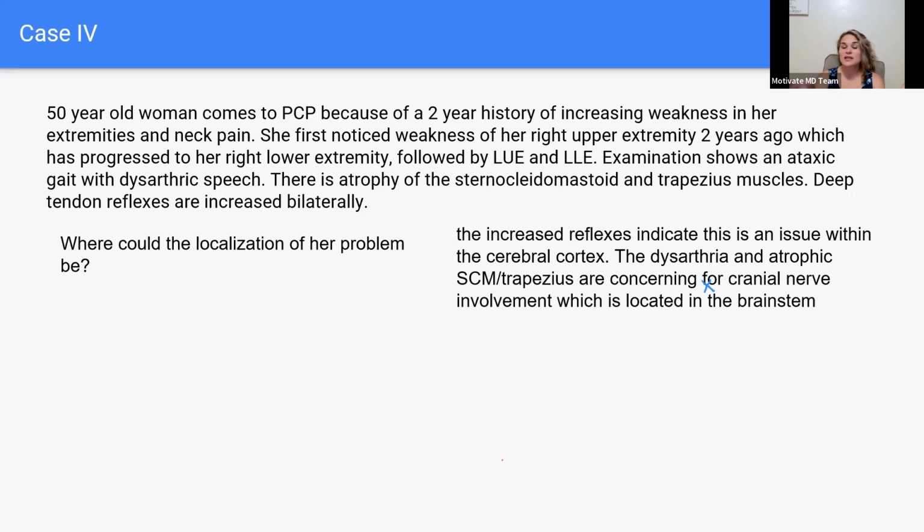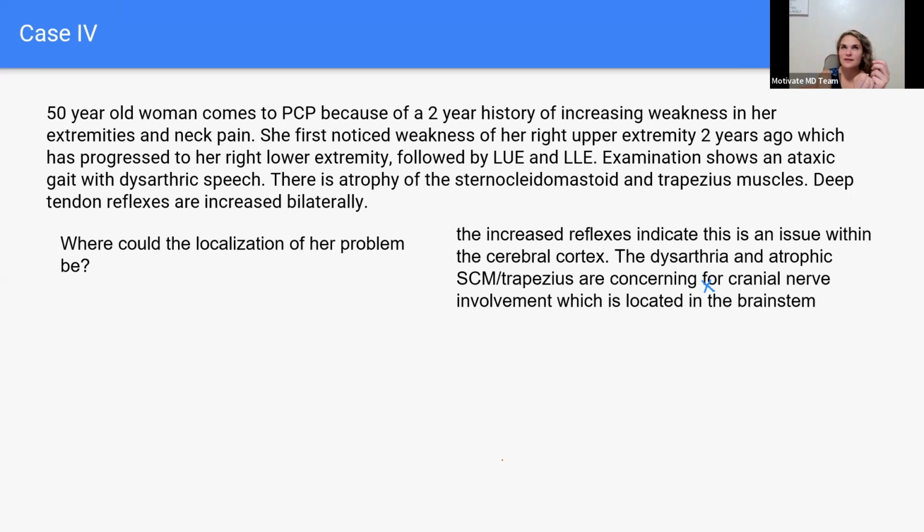There's lots of possibilities. But taken in the context of the fact that she also has this atrophic SCM muscle and atrophic trapezius, we're trying to think about where are the fibers that go to both of those muscles? And how does that also fit in with dysarthria? And how does it also fit in with this weakness that she's having?